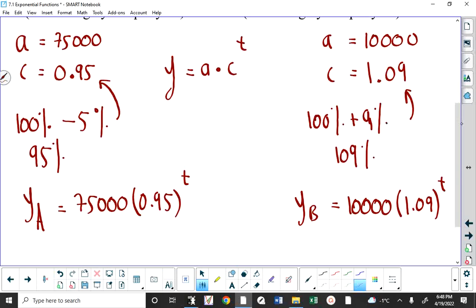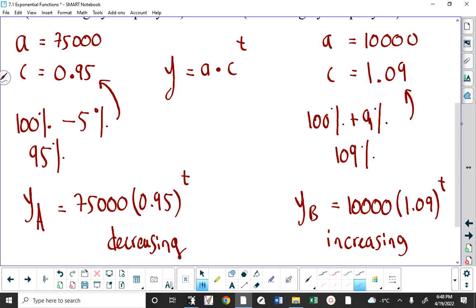I want you to notice that for Allentown, since the base is less than 1, it's a decreasing function. So this is decreasing. Whereas Brementown has a base greater than 1, which means this is increasing.